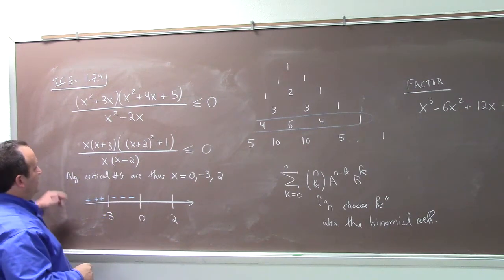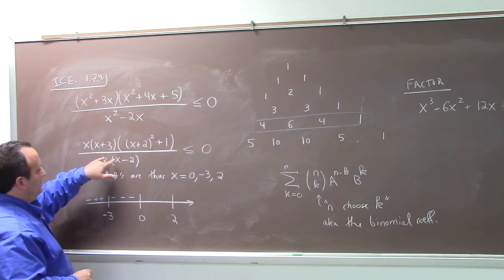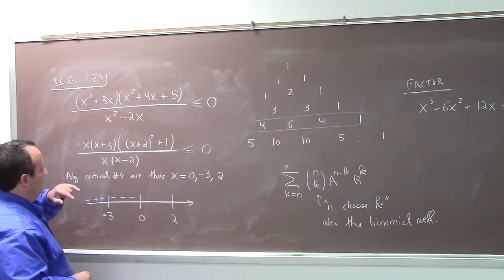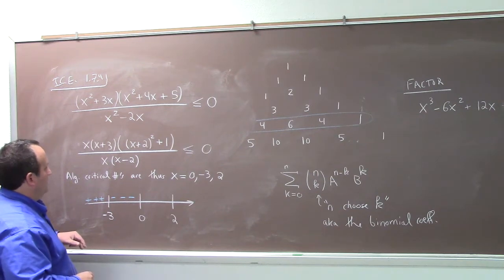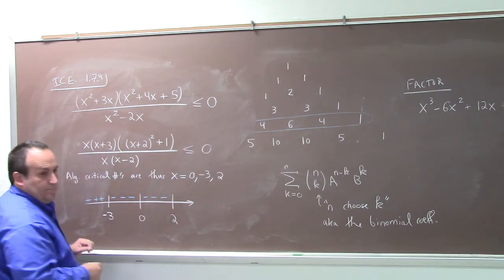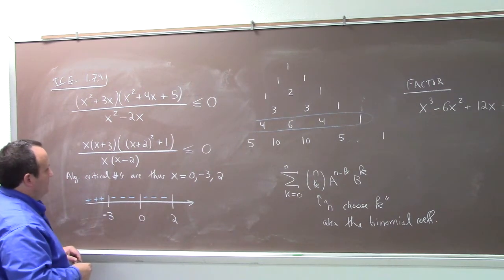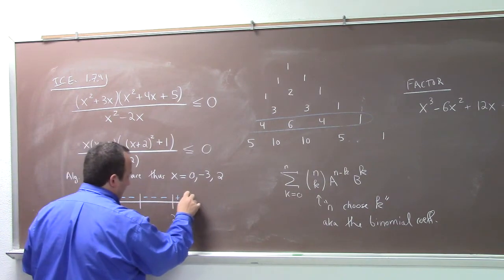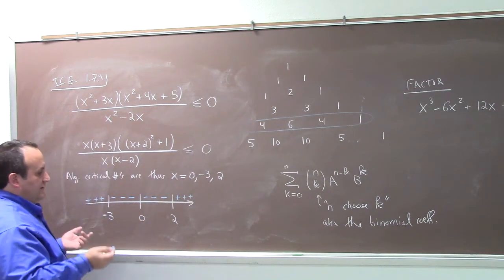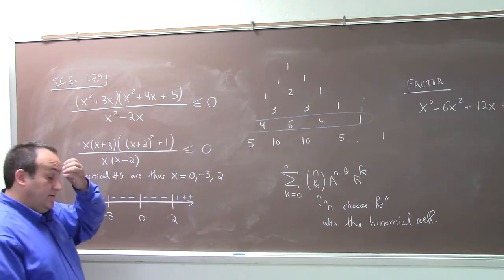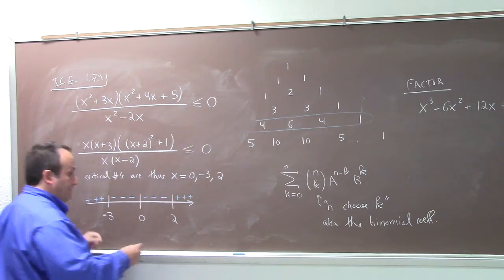If I plug in 1, positive, negative, still negative. If I plug in 3, then everything is pluses all around. So what was the question? The question was to solve this inequality.